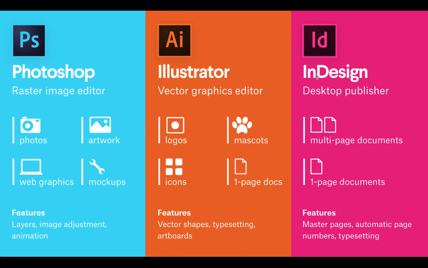InDesign is fantastic for multi-page documents. And what I mean by that is brochures, books, magazines. Anytime you have to control a lot of copy and layouts, you need as much automation as you can, and InDesign has that. You can fix little type widows and orphans.